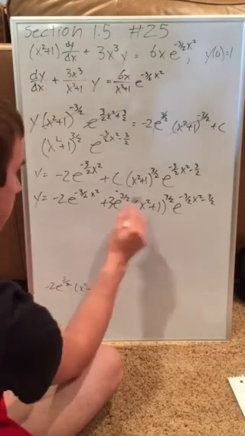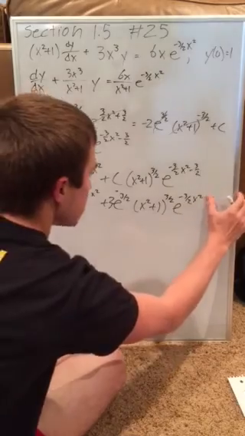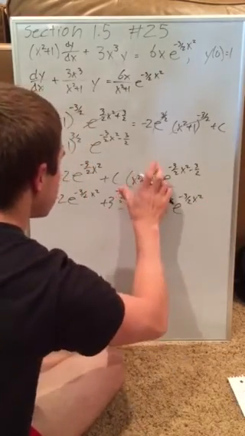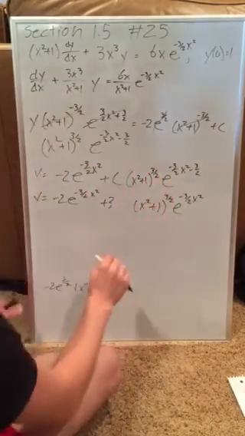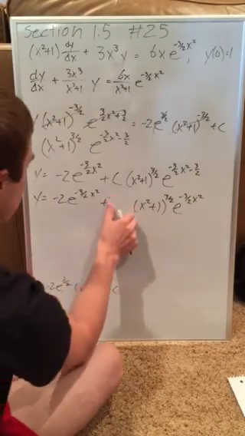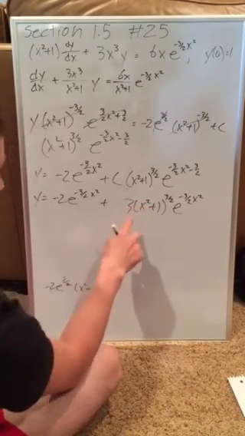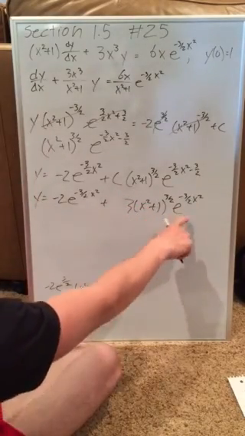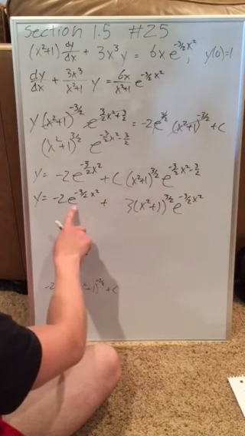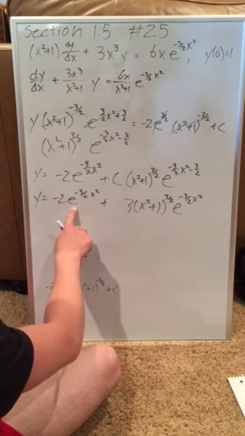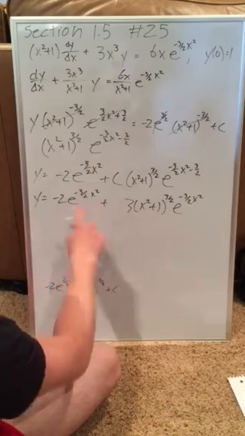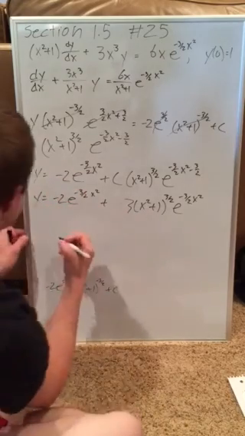Let's see, this negative, so we can cancel this off with this. Then we see that all that's left is our 3 times x squared plus 1 and our negative 3 over 2 x squared here. So we can just combine these. This is literally the last part of the equation.